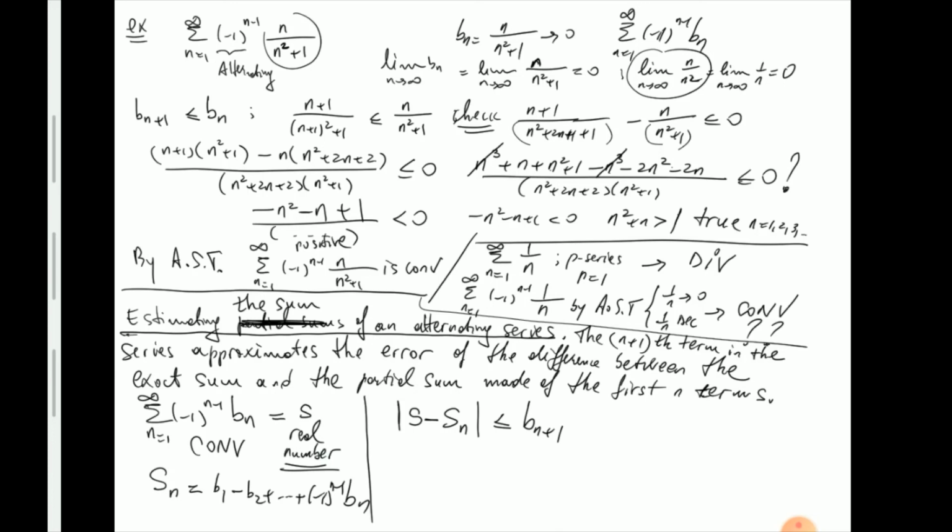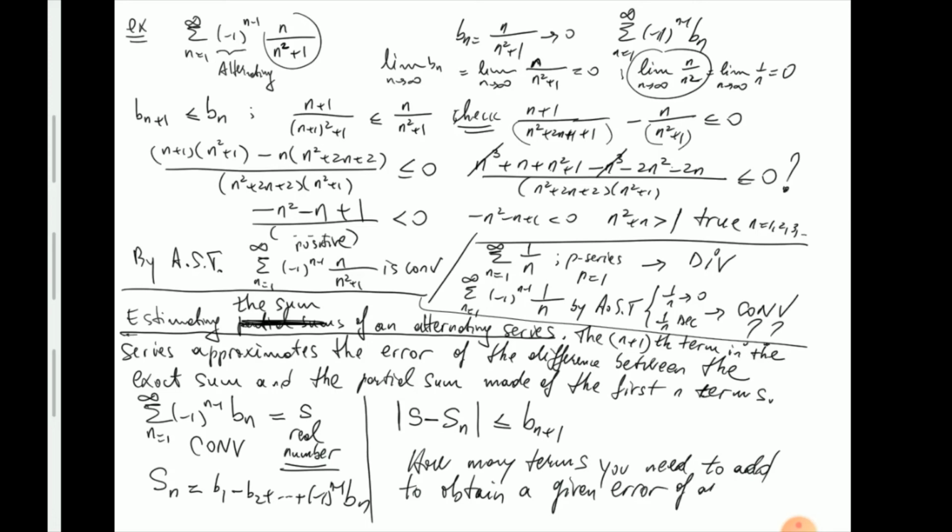This will tell you a quick way, and I'm going to show an example on the next page. This little result can tell you quickly how many terms you need to add to obtain a given error of approximation.